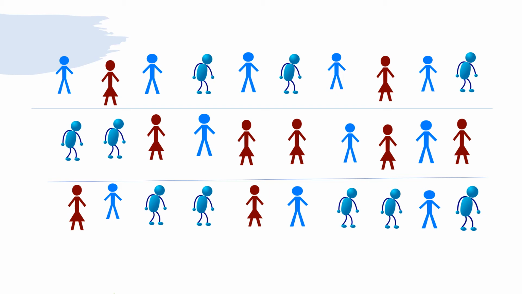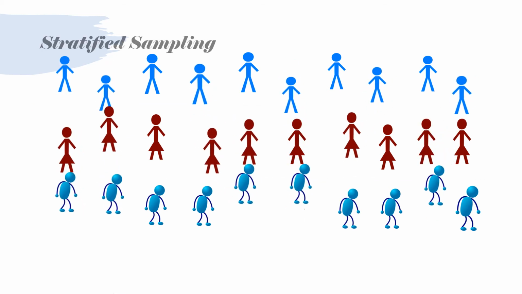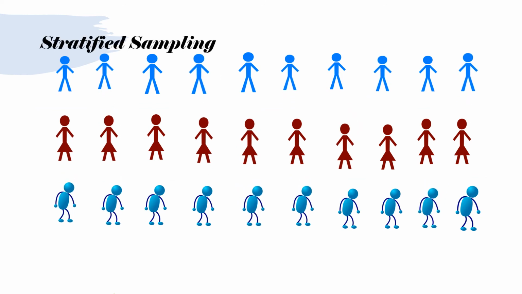So first of all, we have to divide this into subgroups. Let us stratify them. These are all the strata. So we are collecting all male, female, and the old people separately.